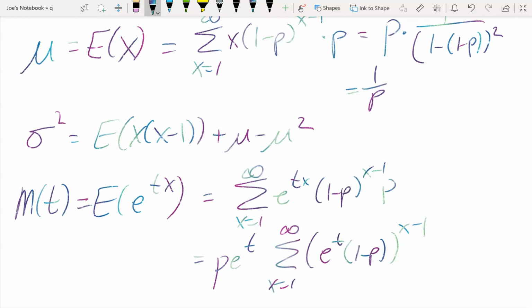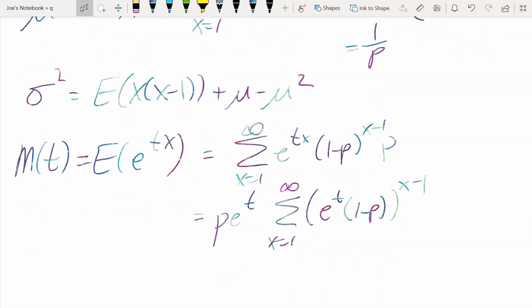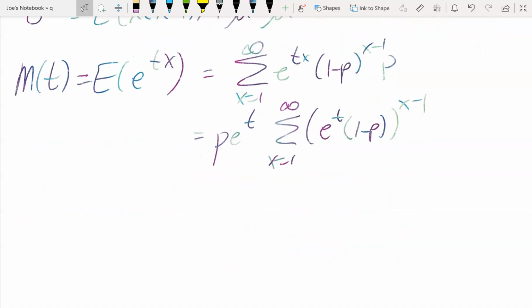Obviously, yeah. All right. So I wanted to bring in this e to the t inside the x minus 1, but I needed an x minus 1 power to pull it out, right? So I needed to add and subtract 1, which is why I got this extra 1 pulled out in front. And then again, to use our geometric series formula, which I erased, but that's exactly the same case that we had before, right?